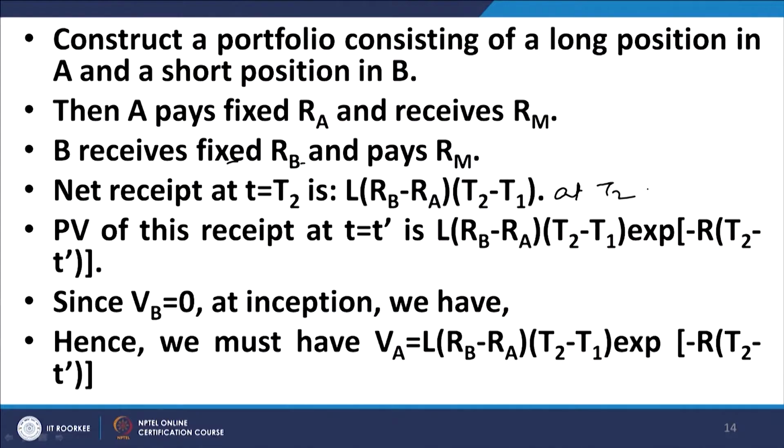Therefore, the value of this portfolio consisting of long A and short B at time T dash is equal to the value of FRA A only. So, that being the case, we simply work out the present value, and this works out to be the value of FRA A at T equal to T dash.